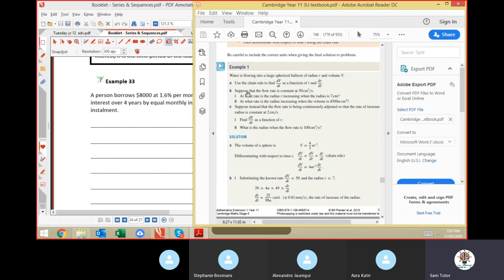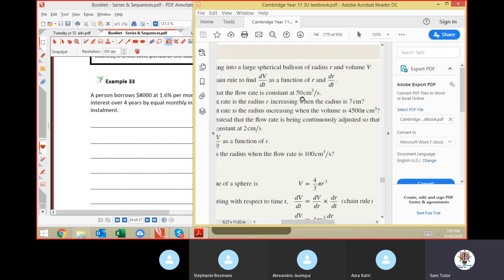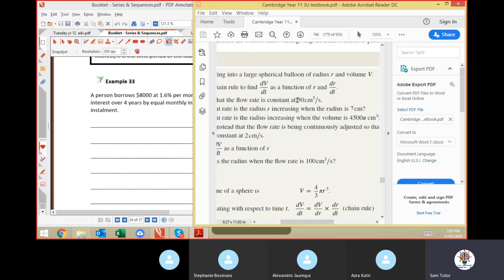And then, pretty much this is literally what we have actually. Suppose that the flow rate is constant. If it says 50 centimeters cubed per second, what do you know straight away? That's dV on dt, because it's centimeters cubed.